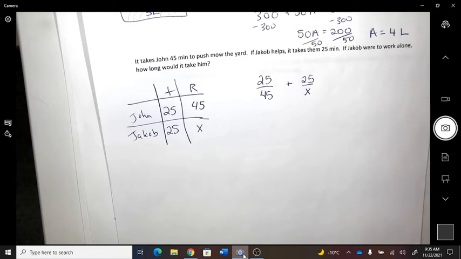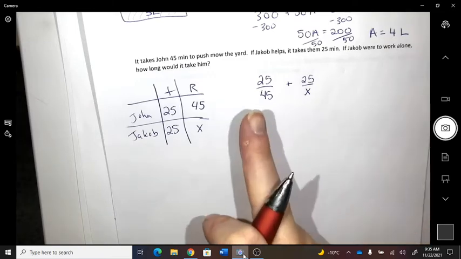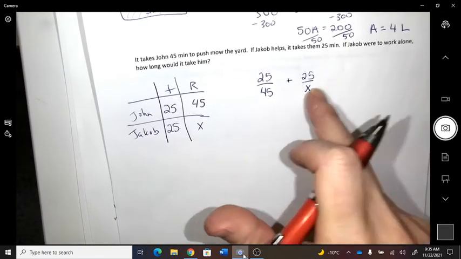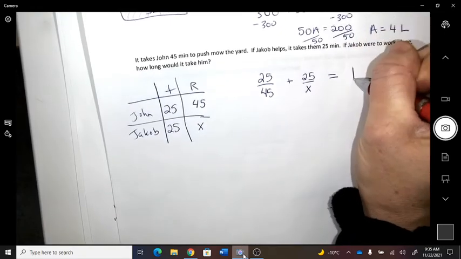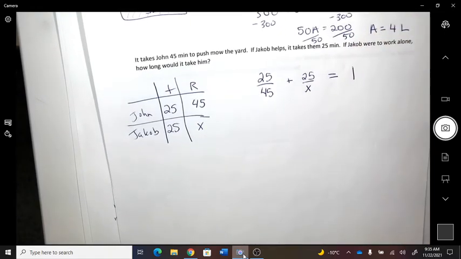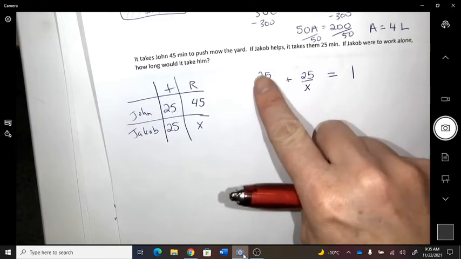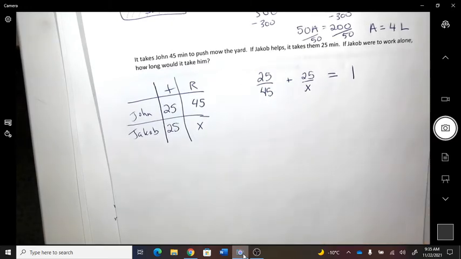It's always a time divided by rate, and the portion that he does plus the portion that he does finishes the whole job. Okay, so this fraction is representing the portion of the job that they did. Cross multiply, common denominator, drop. You're picking your method now.